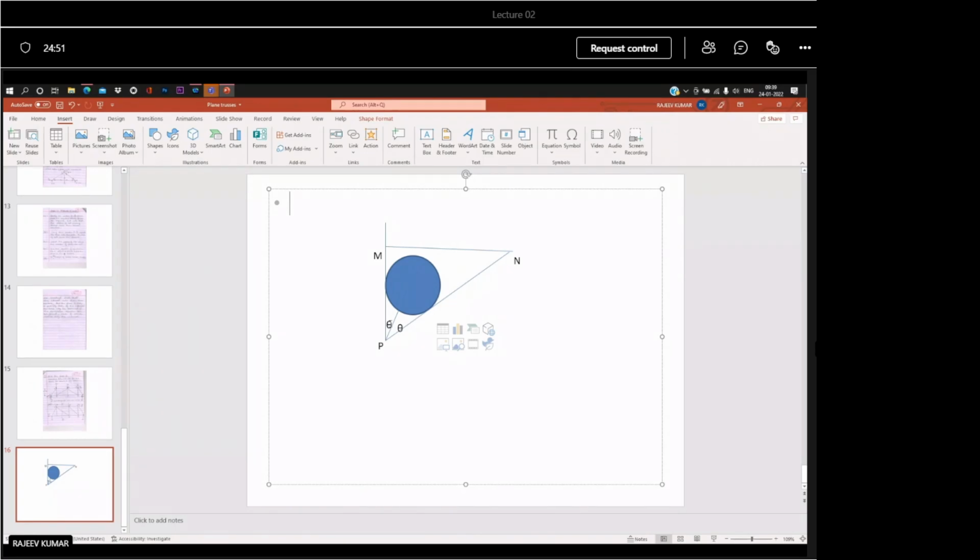If you loosen the string, P is a hinged point, so theta will increase and vary. But for a fixed angle theta, the MN length will be fixed. The PN length is 57 centimeter, as you will get if you read the problem.